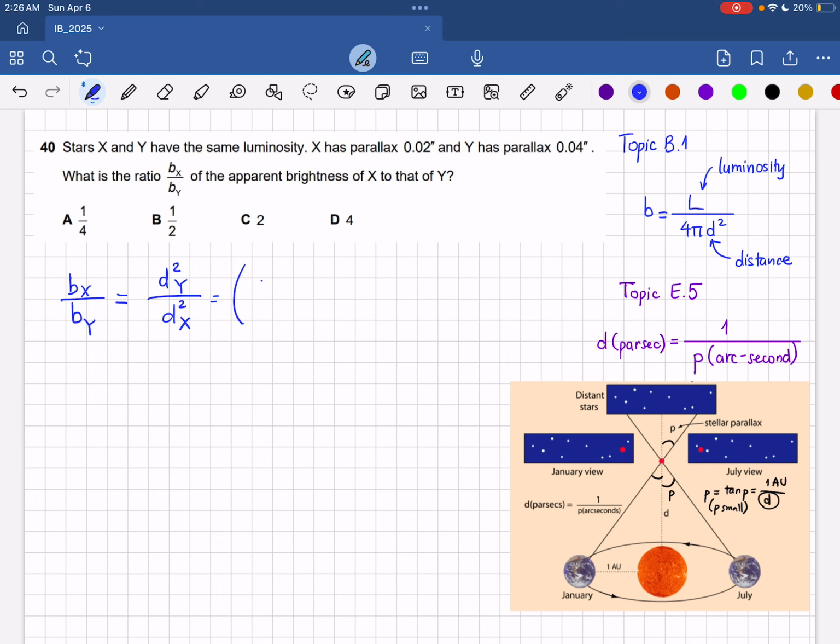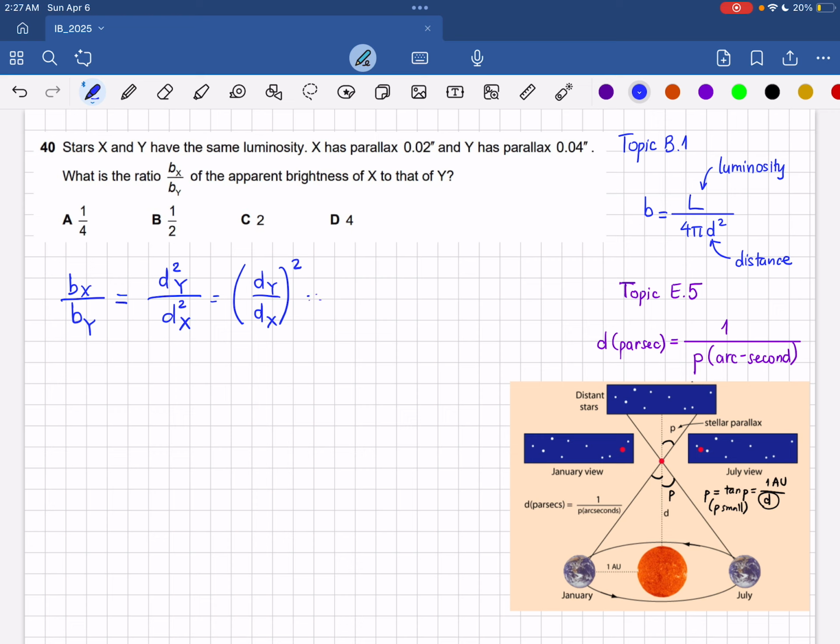Then I will just bring the ratio d_y over d_x here, and the whole fraction is squared, right? The numerator squared divided by the denominator squared equals the fraction itself altogether squared. Now the distance measured in parsec is inversely proportional to p, the arcsecond angle.